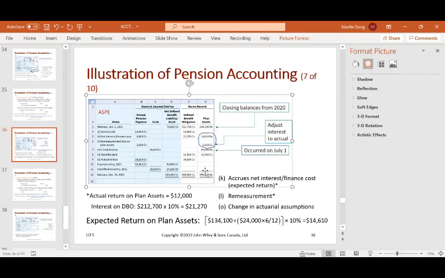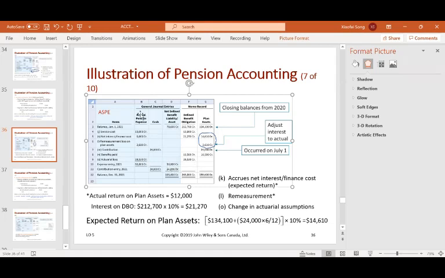This time it tells you that, as a result, the defined benefit obligation increased by 28,530. So that's the change. We will have to add that to the defined benefit obligation, and under IFRS that goes into other comprehensive income, but there's no other comprehensive income in ASPE, so that goes into pension expense as well. So that's a new item.